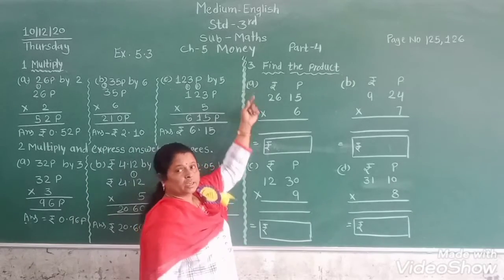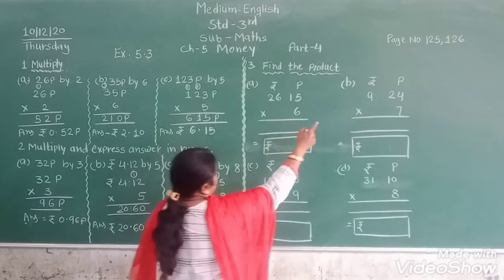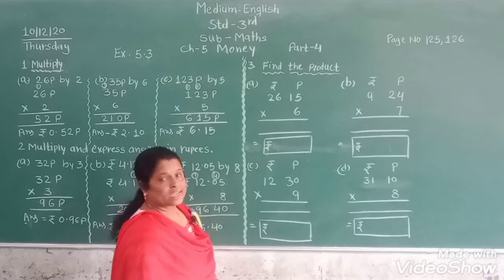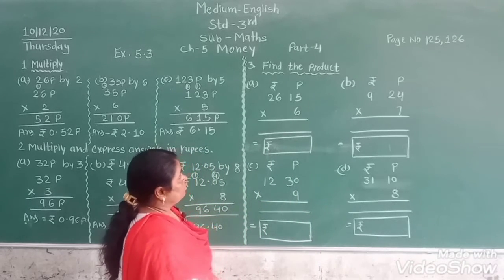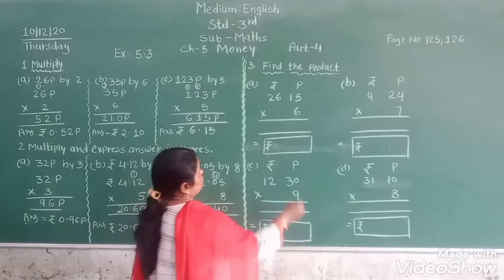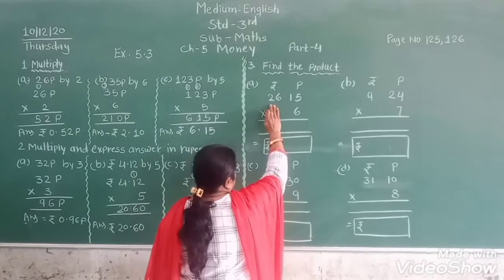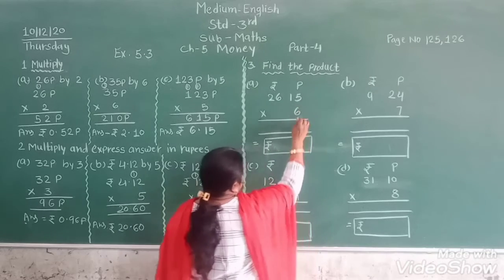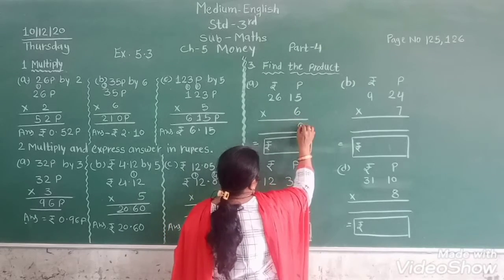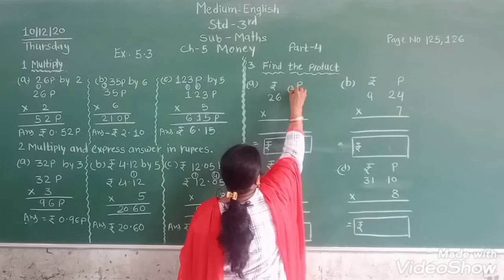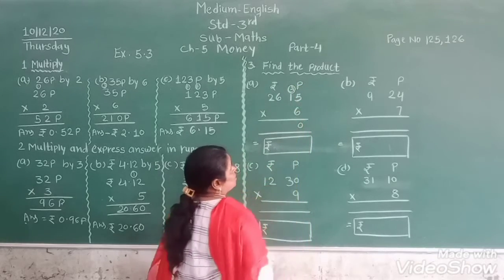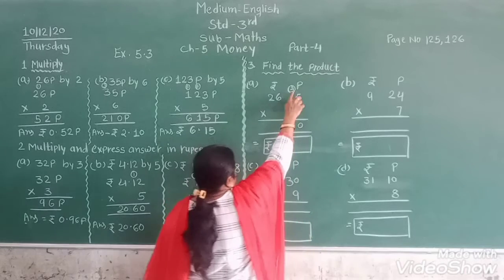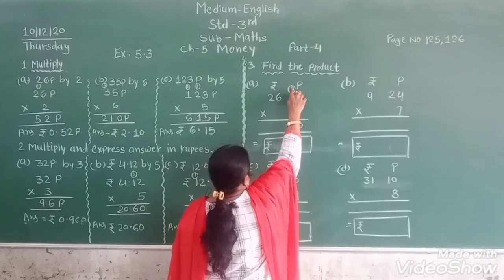Question number 3. Find the product. So one number here is given in rupees and paise and we will do multiply. So 26 rupees 15 paise multiply by 6. 6 5s are 30. 0, 3 carry over, 6 1s are 6 and 3, 9.